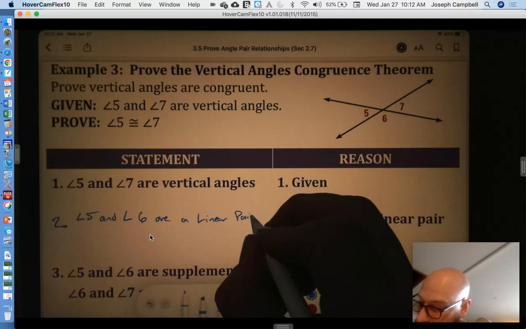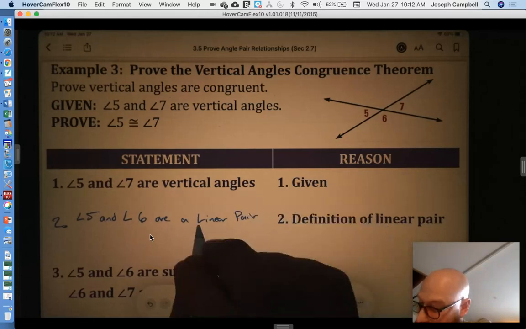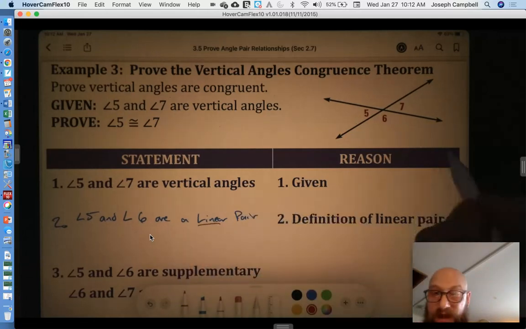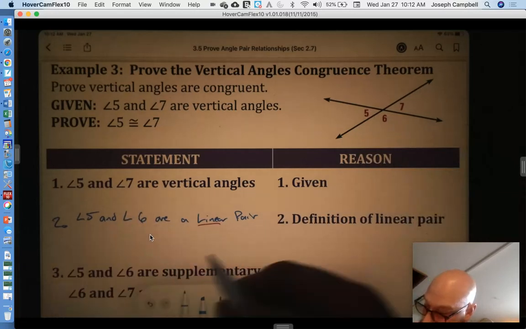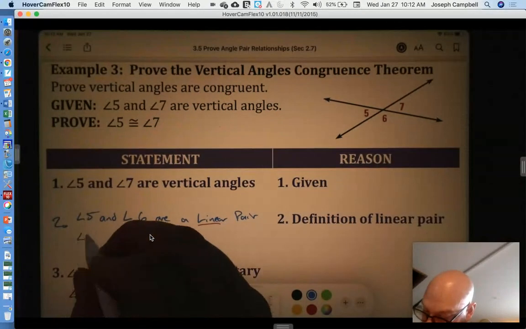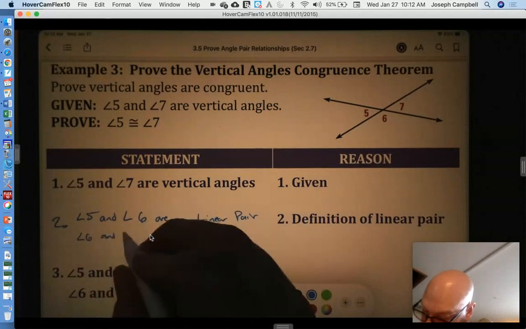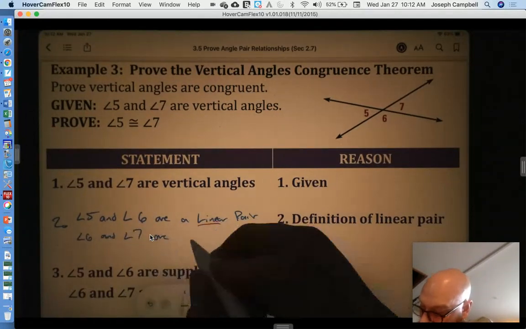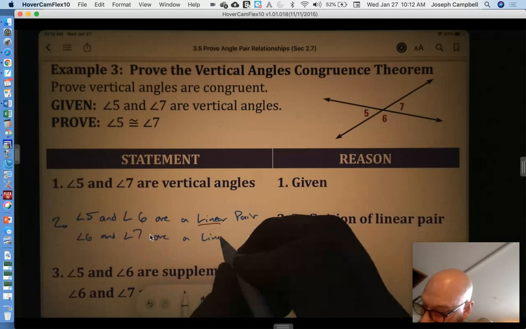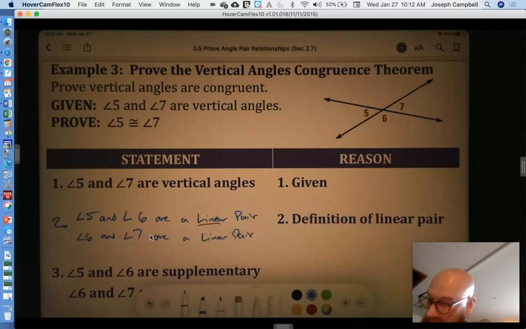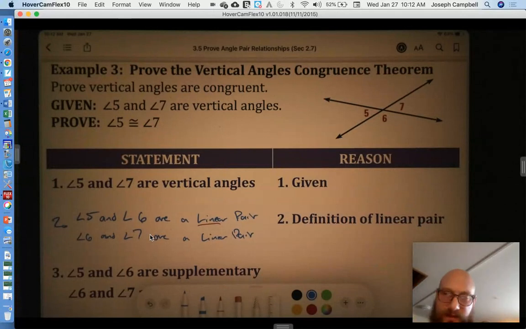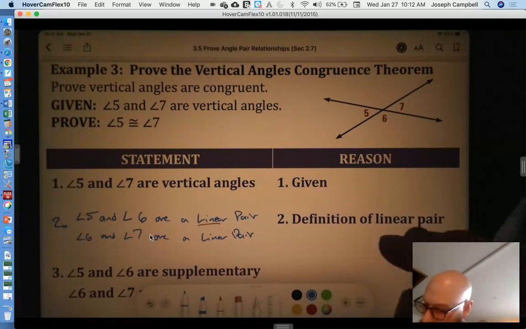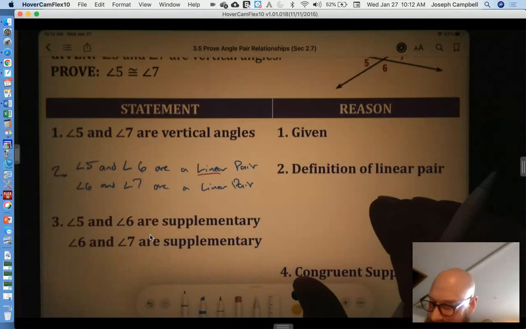By the way, the word line is in the word linear, so you can remember that they form a line together when you add them up. And looks like angle 6 and angle 7 are a linear pair. And that's by definition of a linear pair. If you're identifying something, it's a definition.